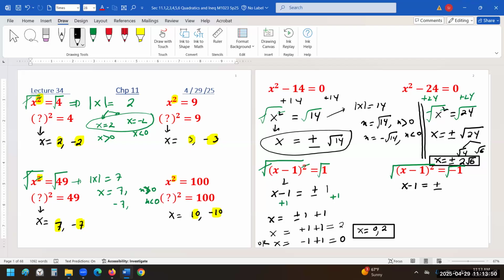Square root means find the same number, multiply twice, and it becomes the radicand. So square root of 1 is 1 because 1 times 1 is 1. If you say negative 1 times negative 1 is 1, but we are looking for the same number multiplying twice that becomes negative 1. It was not possible before, but not now.